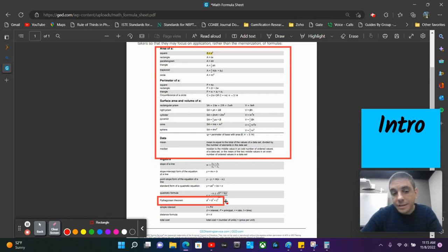And underneath the algebra section, there is a formula called the Pythagorean theorem that's kind of hidden down there. It is used in a very specific scenario for geometry questions where you have a right triangle, meaning a triangle with a right angle in it, where 2 of the side measurements are provided and the third side is missing.